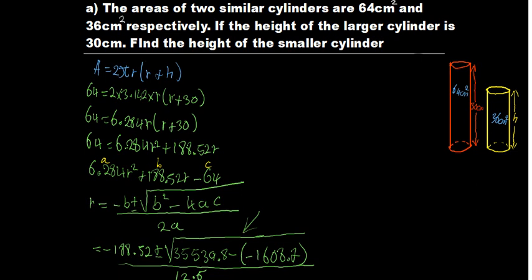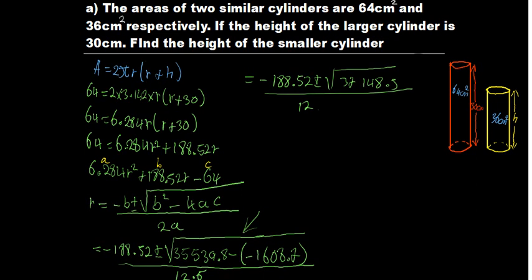I'll say it is equal to minus 188.52, positive or negative. I have 37,148.5 divided by the same value, which is 12.5.